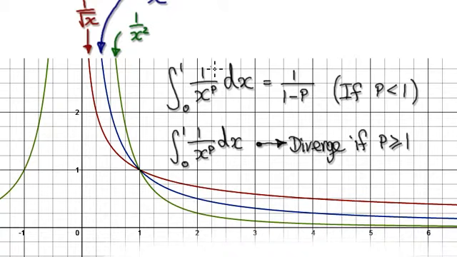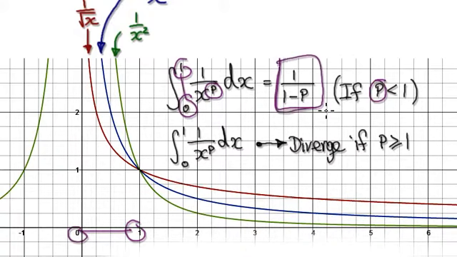Here is something else that we've already seen as well. If you're trying to find out the area from 0 to 1 of 1 over x to the power of p, if p here is strictly less than 1, then the area from 0 to 1 will converge to this thing here.